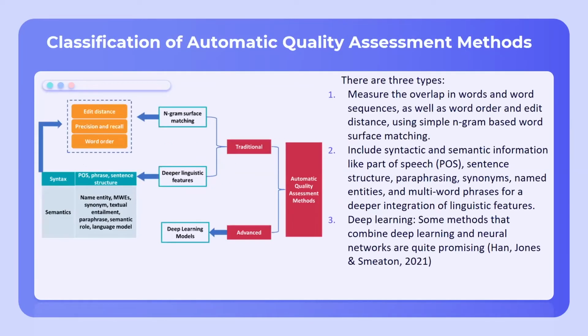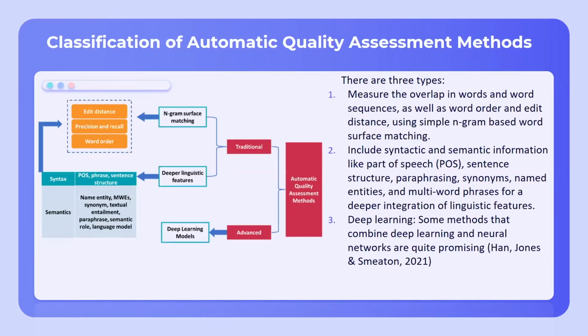To classify automatic quality assessment methods, we can start from two simple categories. The first is traditional assessment methods. The second is advanced assessment methods. To be specific, we can further divide them into three types.